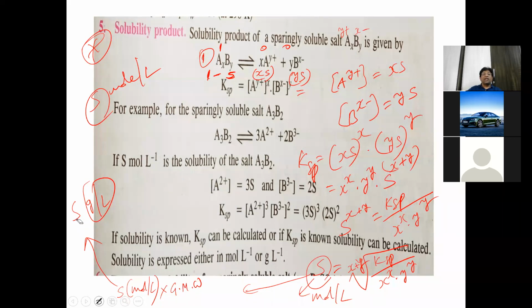Then we get the solubility value in grams per liter. S is the solubility of the sparingly soluble salt. So in this way we have to calculate the S value.